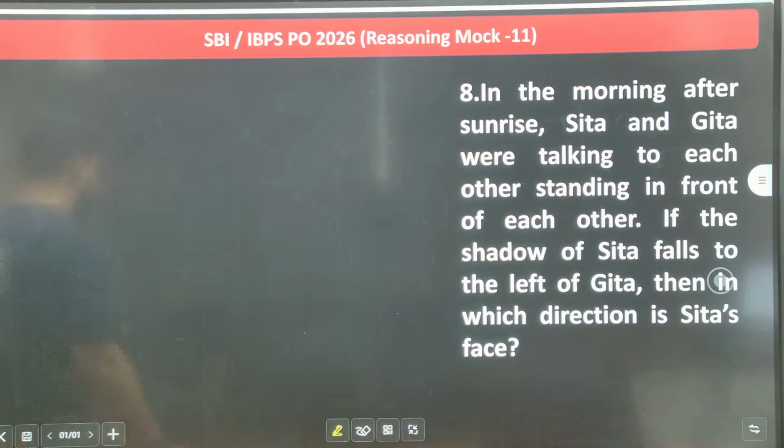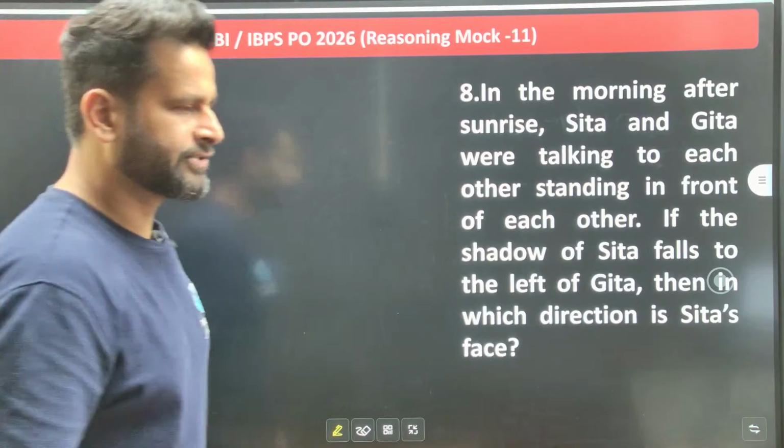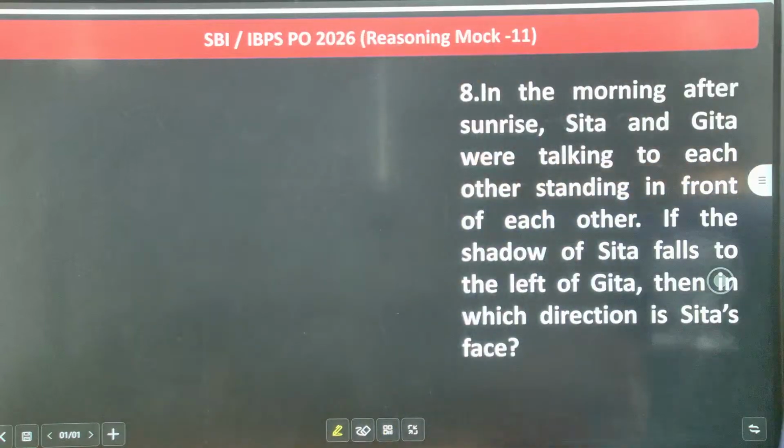Again, direction, shadow based. Question topic is your direction based only, but the question is shadow based. Take 30 seconds, 20 seconds, solve this out.